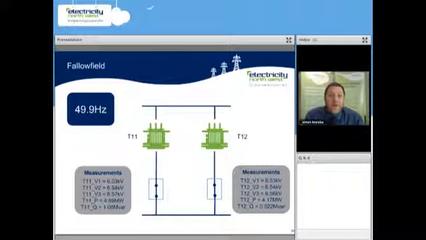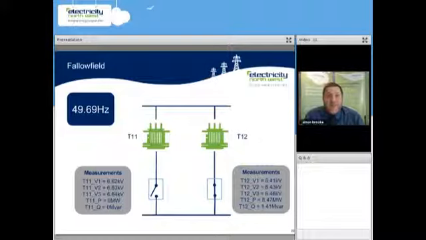So we had the frequency response. The ASC opened up the circuit breaker. You can now see that T11 has been offloaded, so the active and reactive powers are now 0, and the voltage level on the T11 transformer has increased to above 6.6 kV.